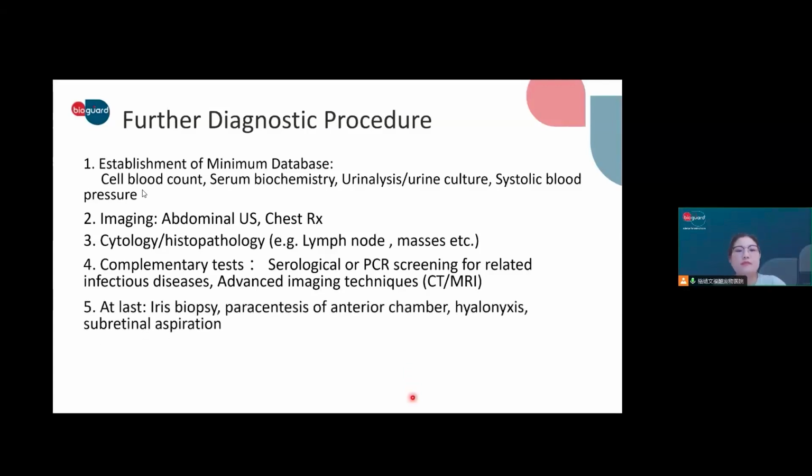At last, if necessary, we may also need to do iris biopsy, paracentesis of the anterior chamber, hyaluronicis, which is the paracentesis of the vitreous chamber, and subretinal aspiration.